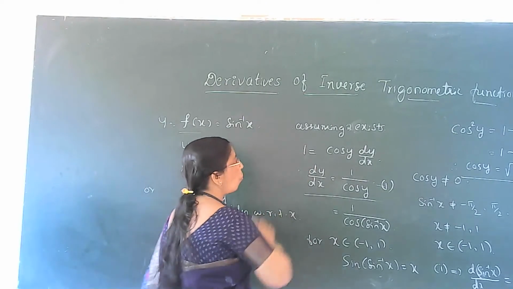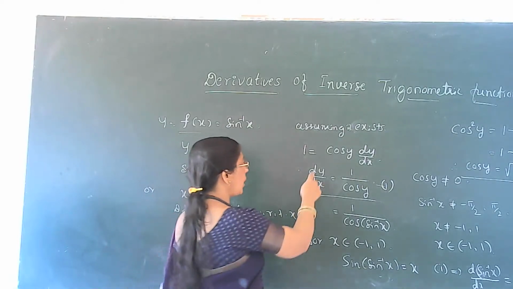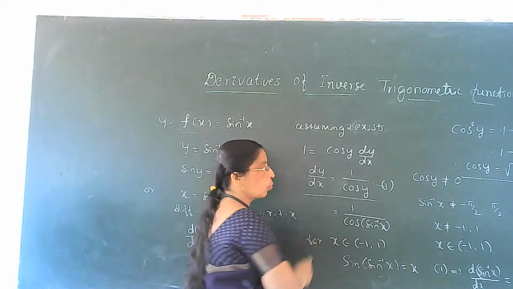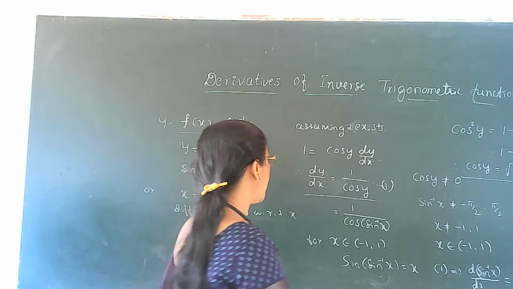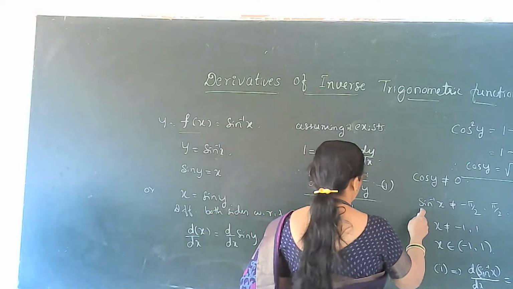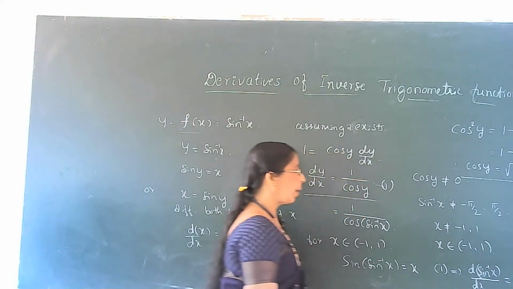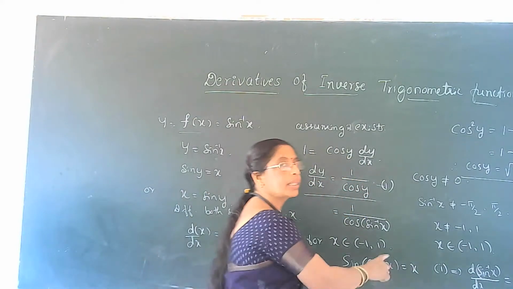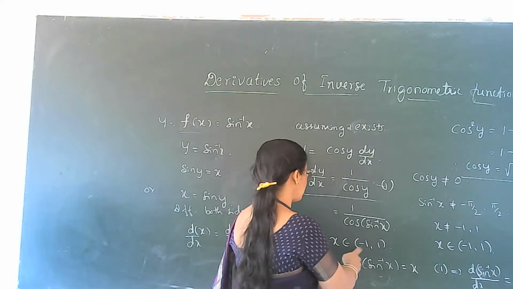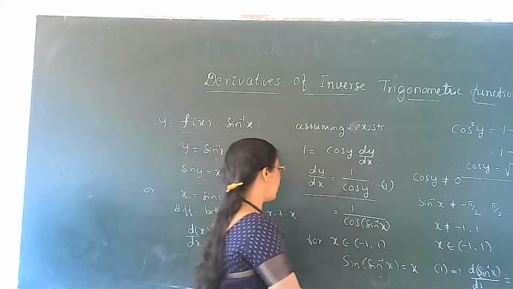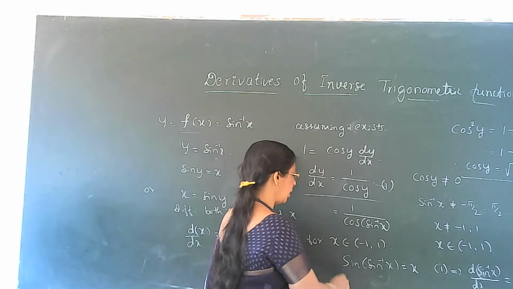We get 1 is equal to cos y into dy by dx. Then dy by dx is equal to 1 by cos y. Cos y should not be equal to 0. Therefore, y, meaning sin inverse x, is not equal to minus pi by 2 and plus pi by 2. Therefore, x is not equal to minus 1 and plus 1. Therefore, x belongs to the open interval minus 1 to 1. Minus 1 and plus 1 are not included here.